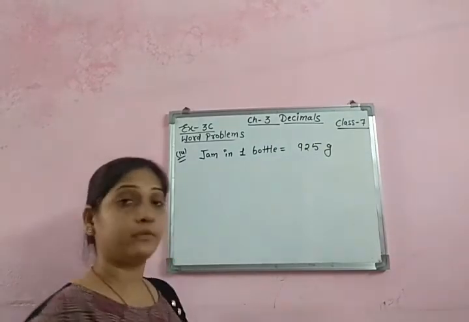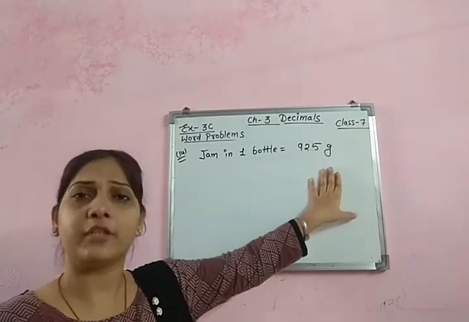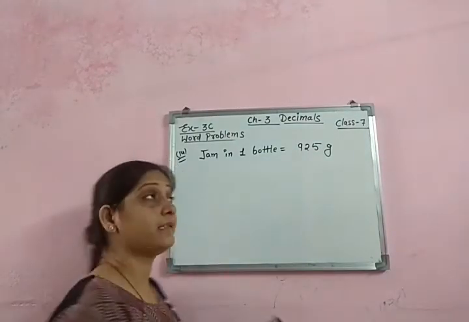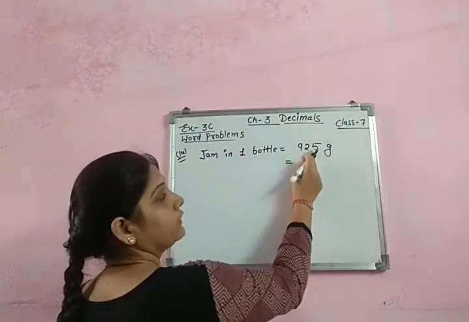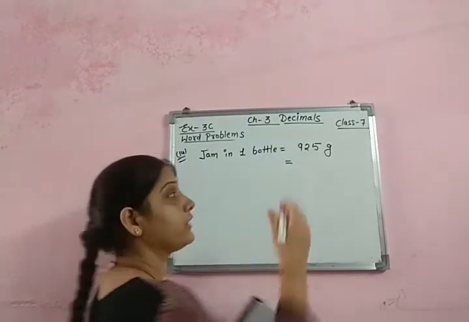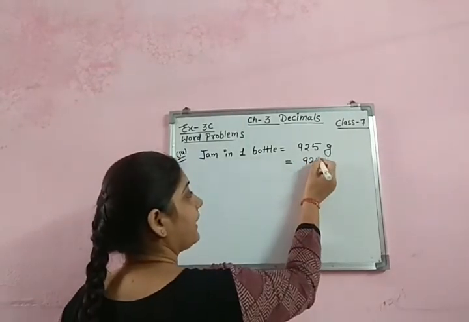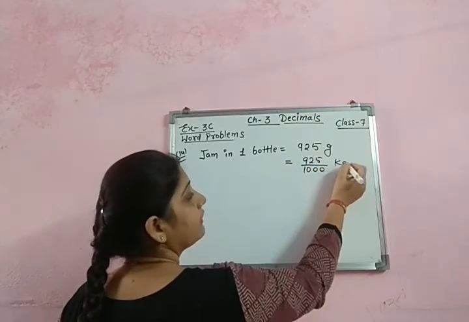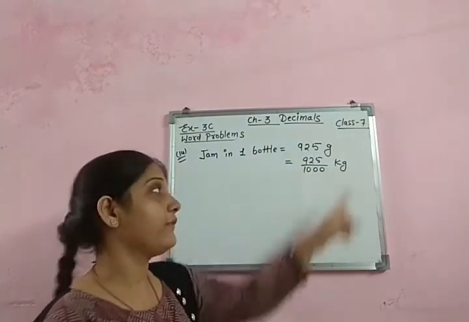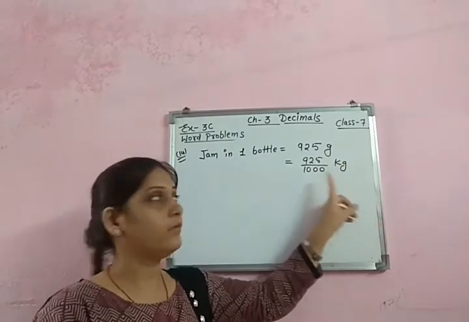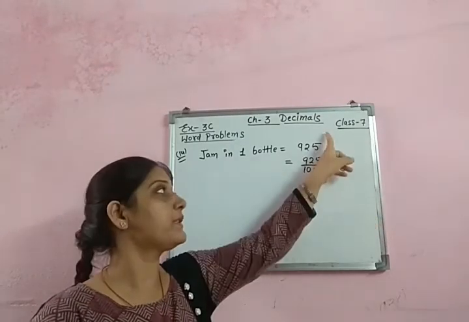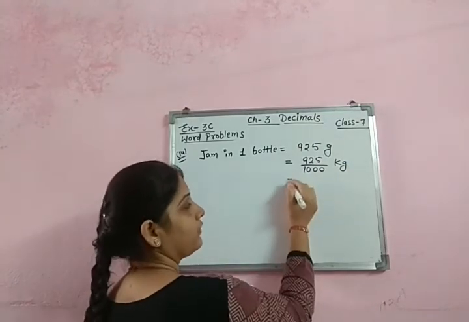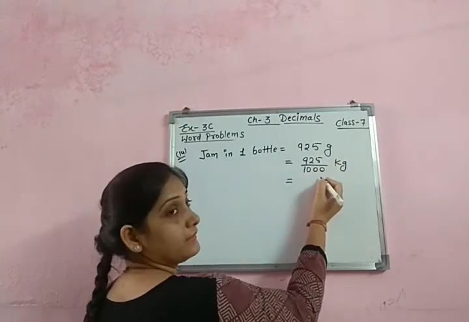If you want to convert this gram into kilogram, you can do it here only, because we want to find our answer in kilogram. So when we convert 925 into kilogram, we should divide it by 1000 because 1 kilogram contains 1000 gram, and from gram to kilogram, from smaller to bigger, we should divide by 1000. Now, if we divide by 1000, we just have to put the point.